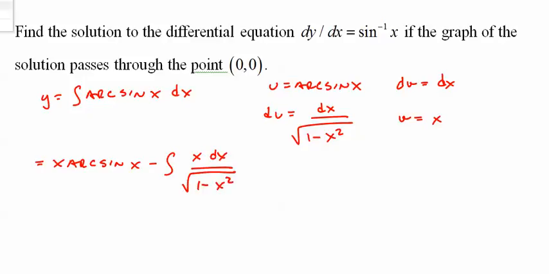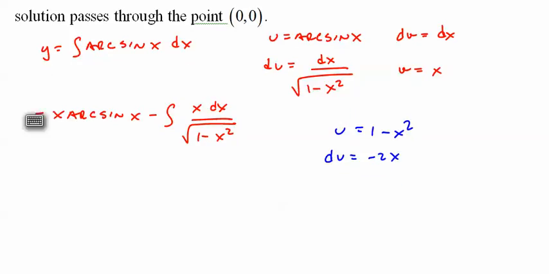How about we practice our substitution? u equals 1 minus x squared, du equals negative 2x dx. Du over negative 2 equals x dx.